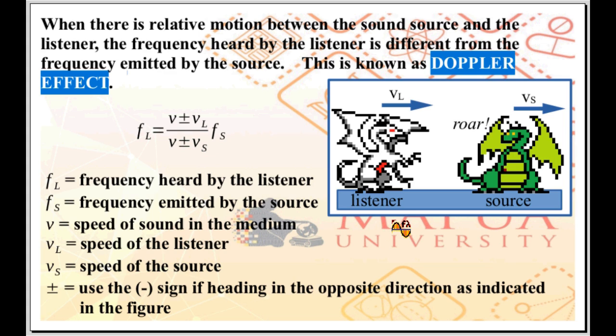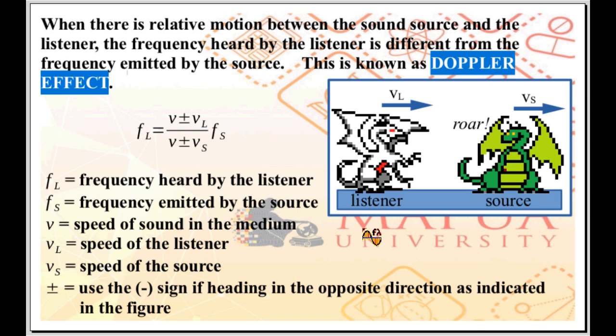And note that in the figure, the source is on the right, the listener is on the left. If the problem presents a situation wherein the position of the source and the listener are reversed, the listener is on the right and the source is on the left, you need to adjust the situation so that you'll be able to use the equation.